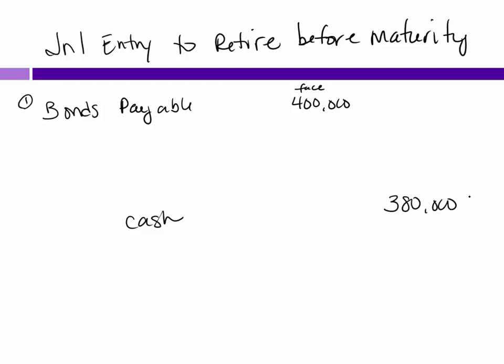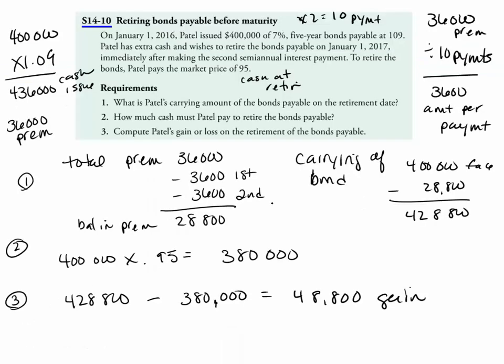380. Then the other thing you have to do is take care of whatever's left. In this case, we had a premium, right? So the remaining balance in premiums are credits. When we issue the bond, we credit the premium on bonds payable. So I want that to go away.